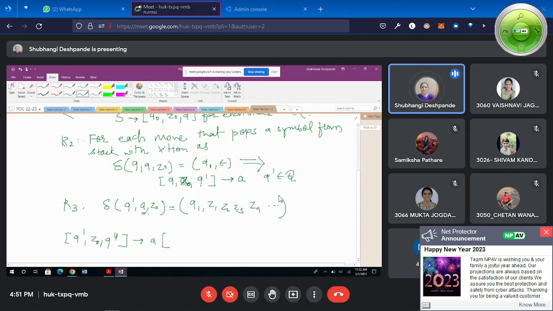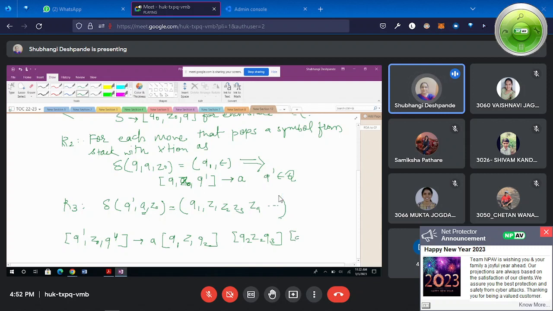Okay? So here z0 is there, then it starts in q and ends in q dash, and will have the a production. But for this a production, what will be the intermediate transitions? So q1, z1, q2, right? Then q2, z2, q3.